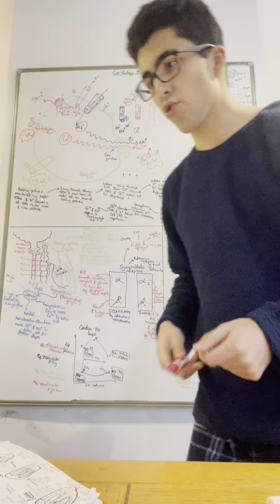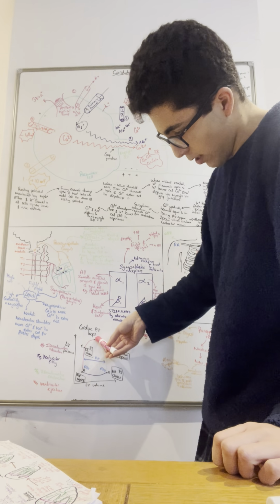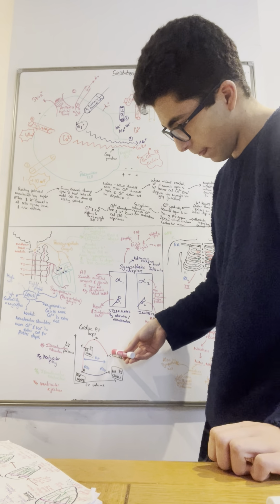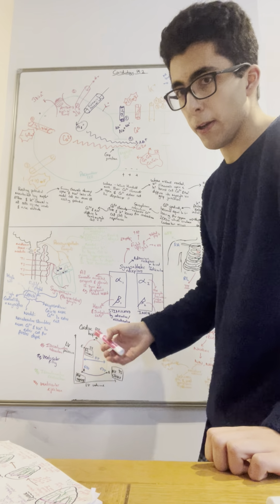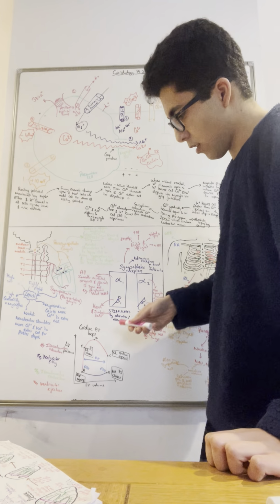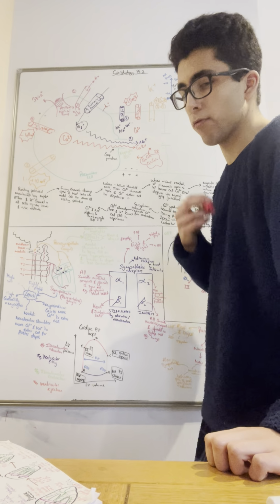So that must be ventricular ejection. Initially pressure increases drastically up to a point where it peaks, so that must be our rapid ejection. And then the ventricular pressure starts to go down a bit, so that must be our reduced ejection.